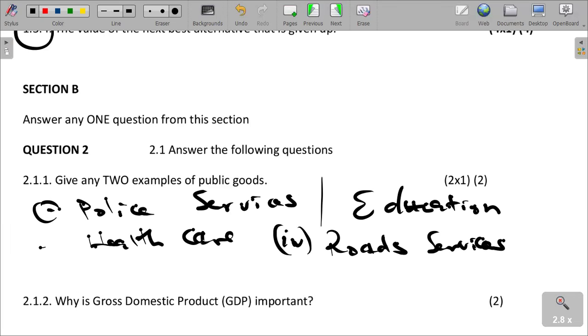The state ensures that these are given to people. The state has got a role or a mandate to ensure that people receive and get them. They are also charged very low prices. Basically, charges are very low, that quite a lot of times you find out that they are given free of charge.